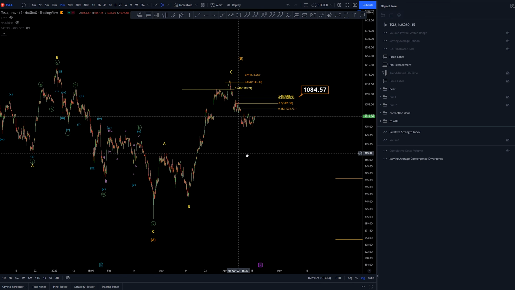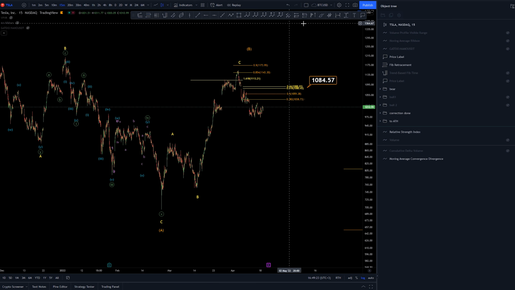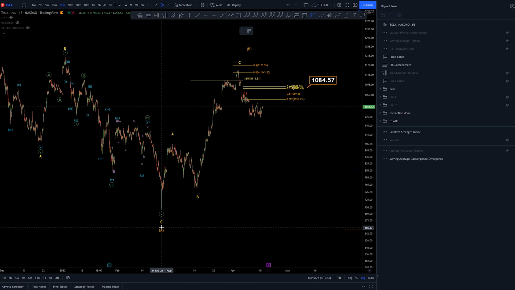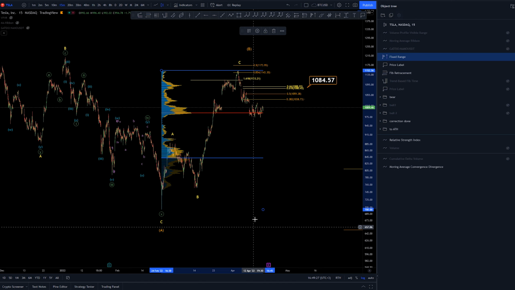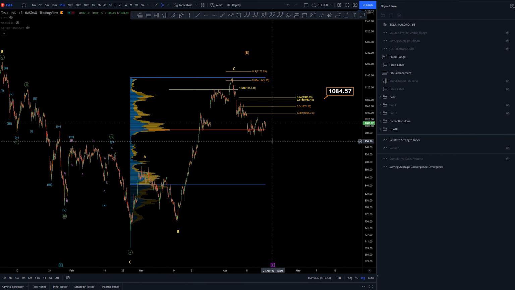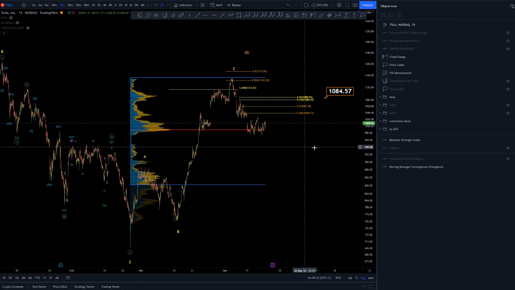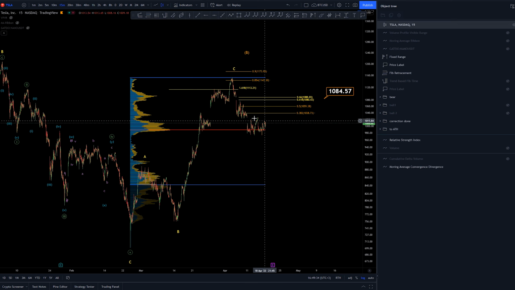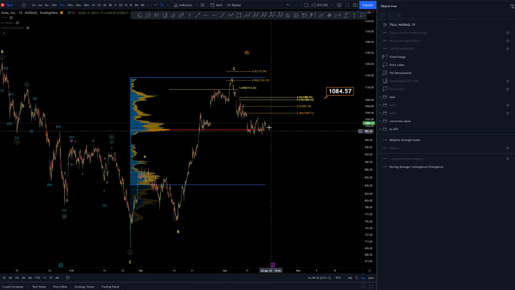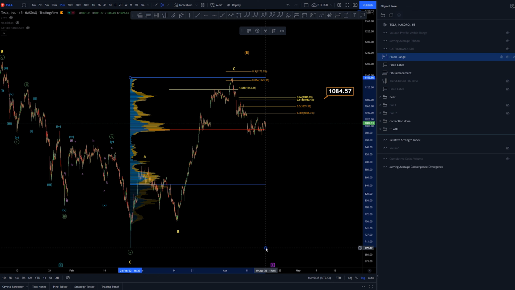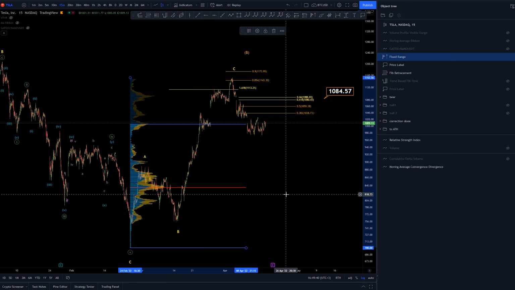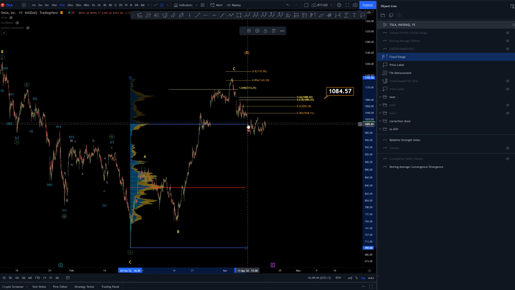Let's take a look at volume profile still here. While we're still here, maybe we can see some. Okay, so we are basically at the point of control. Yeah, we had price action here and price action now here. Of course, we're going to get point of control here. Before that, consolidation here.